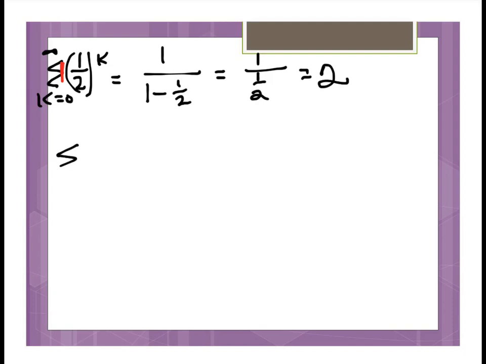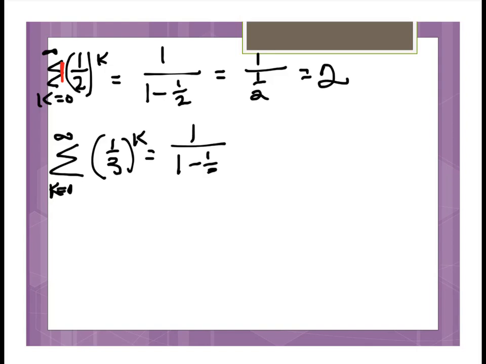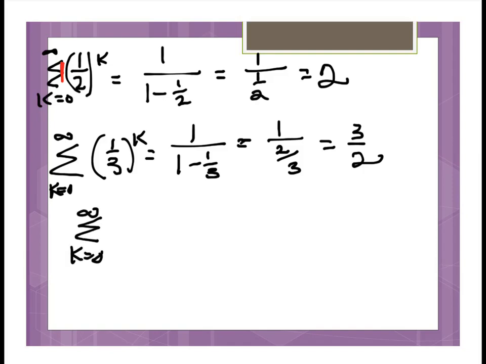Let's do the same thing for the second piece. This is a summation from k equals 0 to infinity of (1/3)^k. So this is 1 over 1 minus 1/3, which gives me what? 1 over 2/3, which is 3/2. All right, now going back to the original problem. Not the original problem, but after I separated them, it looked like this.